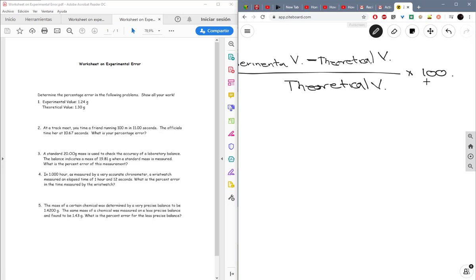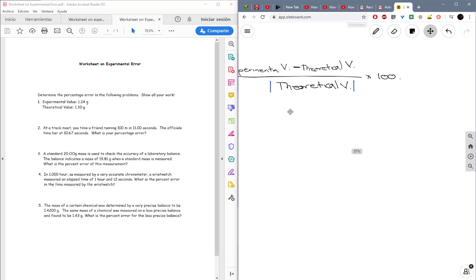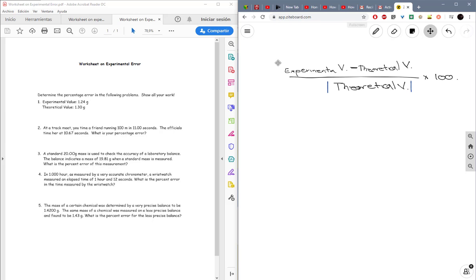Okay, yes, but this formula has something special, which is called the absolute value, that I am going to represent with bars here and here.